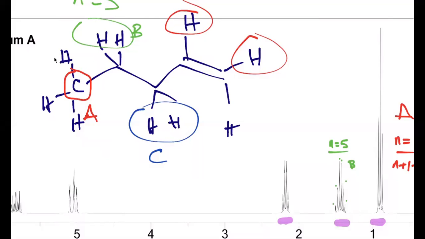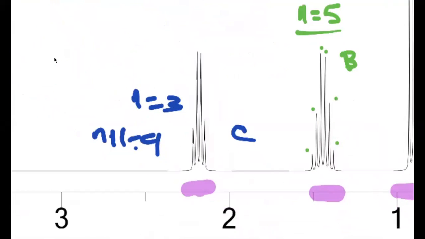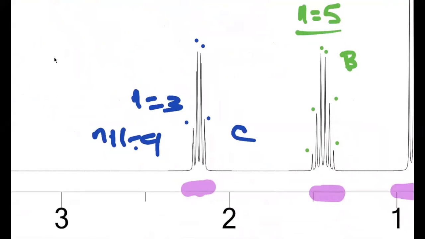So for that one, N is 3. So N plus 1 should be 4, right? So we're going to call that C. And it should be a quartet, and it is. 1, 2, 3, 4 lines.